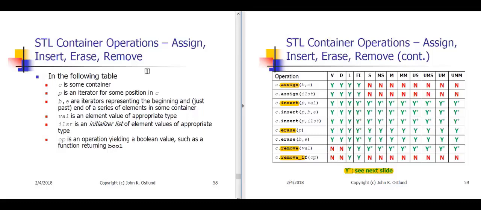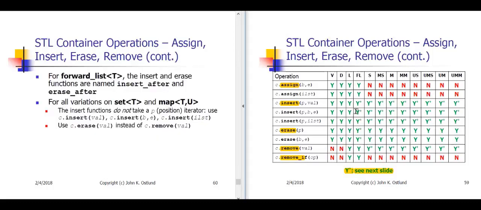Let's take a look at what this asterisk is about on slide 60. Okay, first of all, notice all the asterisks that we've got here on these forward list operations. In a forward list, you only have forward iterators, so you cannot, for example, move to a particular element in the forward list and then insert a new value ahead of that existing value.